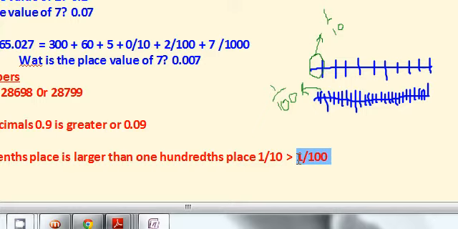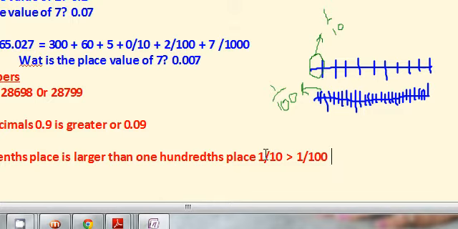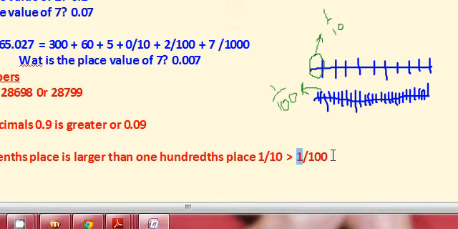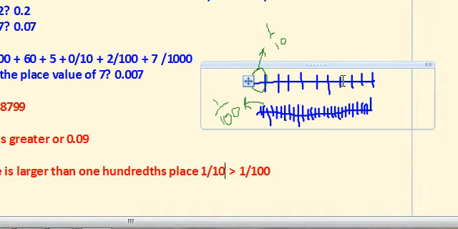Now I will give you a simple diagram to understand this. We used to compare fractional numbers by making their denominator same, but there is a simple way where if we have the same numerator, then also we can directly compare which fraction is greater. What is 1 by 10? 1 by 10 means that if I have, suppose a line, here I have shown the line.